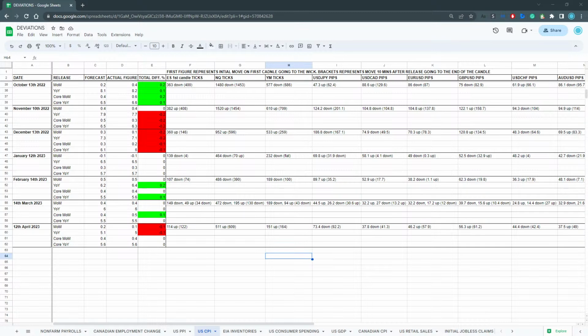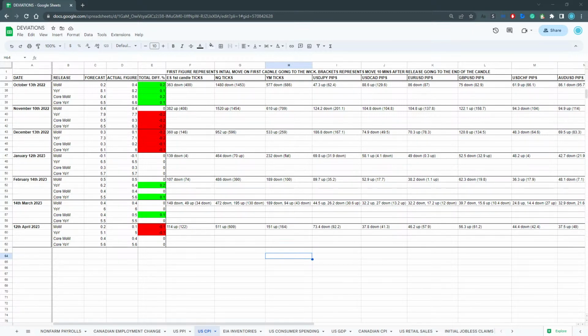CPI month to month is expected to creep up to 0.4%. So if everything does come in line with expectation, you could see the market seeing a movement towards the downside, thinking, okay, inflation has gone up and is sticky. If inflation is lower than expected overall, and you don't get a mix of one point is higher and another point is lower, then you could see a positive reaction from the S&P 500 if the data is lower than expected overall, and the dollar would see depreciation from that.